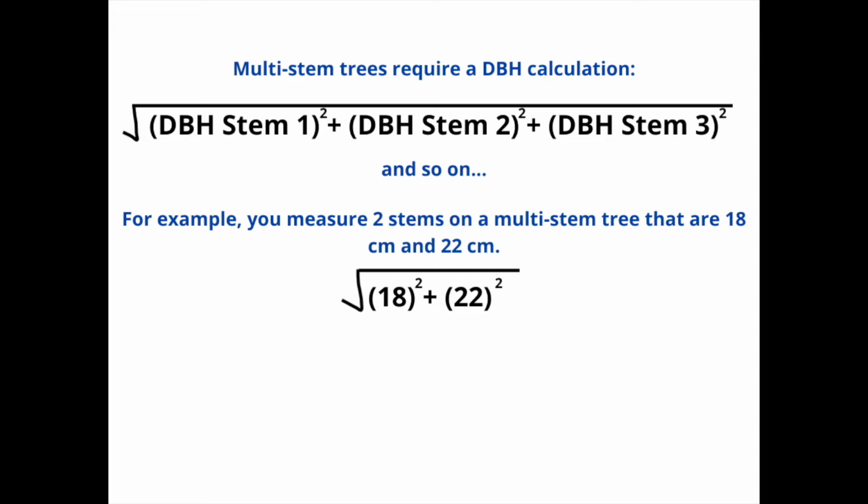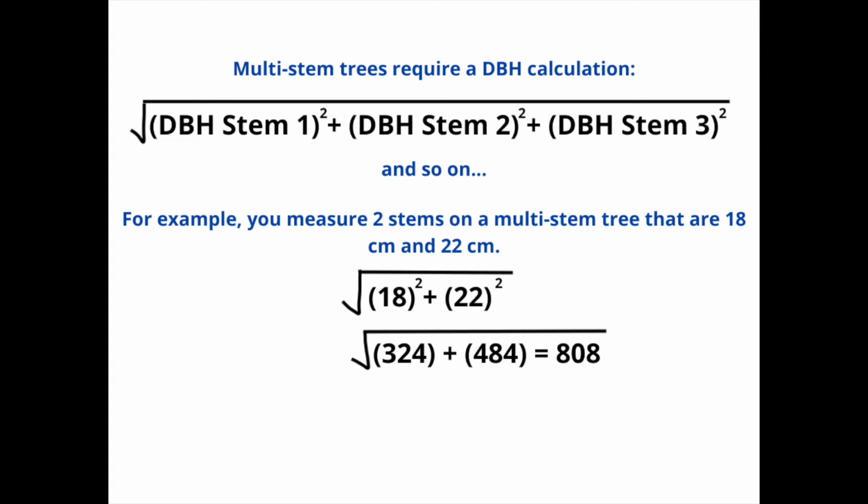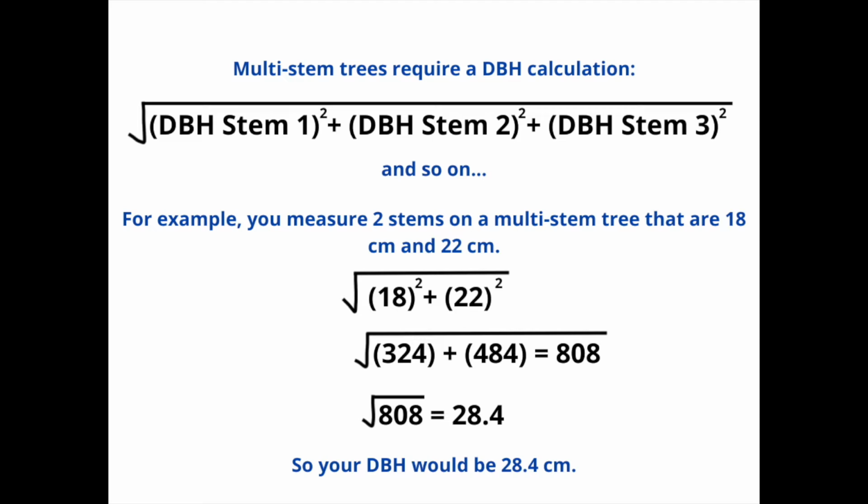And this would get you an answer of 324 and 484, which you would take the sum of. And that would be 808, and when you take the square root of 808, you get 28.4, so the overall combined DBH of the 2-stem tree would be 28.4.